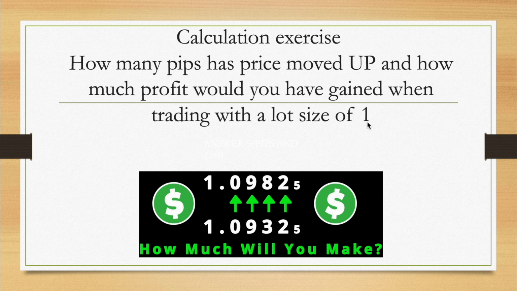An easier way to think of this when trading with pips, think of this as your thousands, hundreds, tens, and your single units. So if the tens have moved up from 3 to 8 or 32 to 82, how many pips has price moved up?